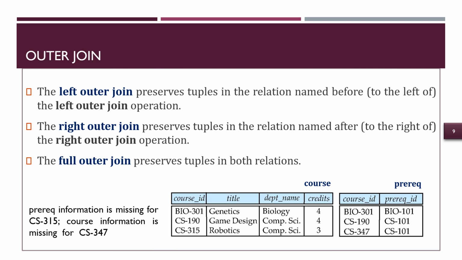And in the prerequisite table, we have the course IDs BIO-301, CS-190 and CS-347. Please note that the prerequisite information is missing for CS-315 and the course information is missing for the course CS-347.